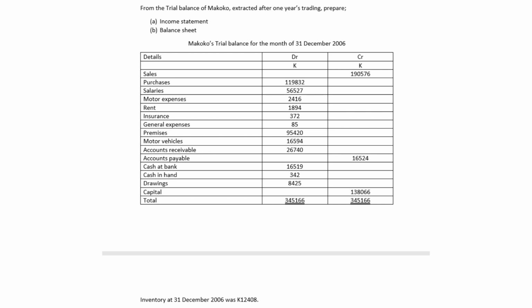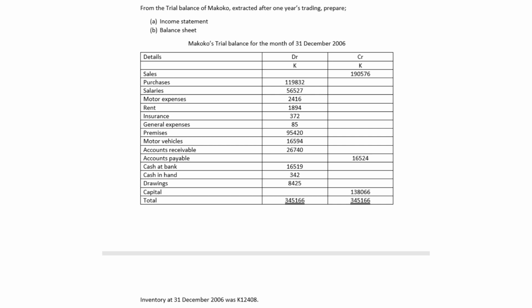From the trial balance of Makoko extracted after 1 year's trading, prepare A, income statement, B, balance sheet. So we have Makoko's trial balance as at 31st December 2006. We have sales amounting to 190,576.